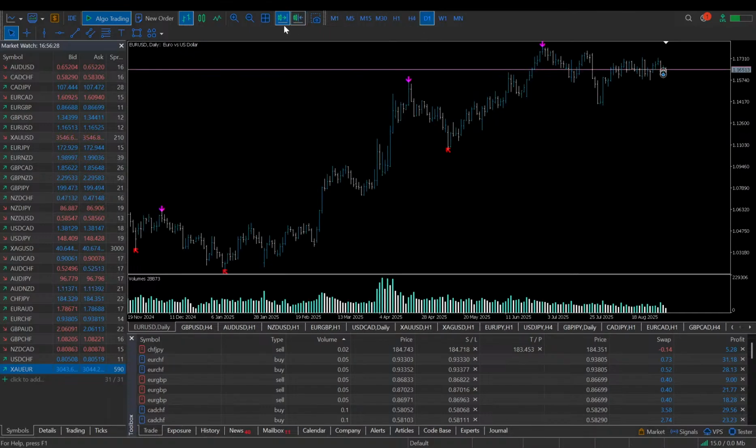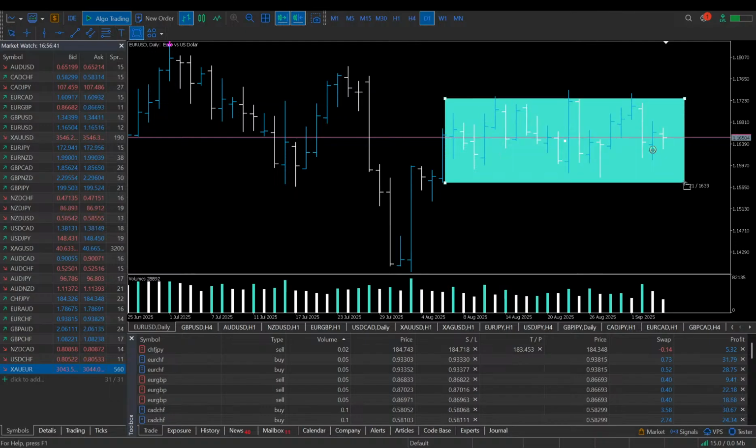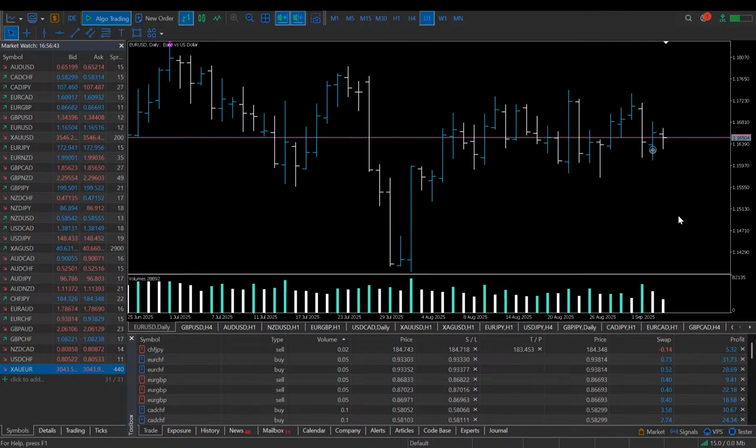So the daily time frame tells us that the market is ranging to the downside, trending to the downside. We have a range within this territory, in fact forming sort of a pattern.